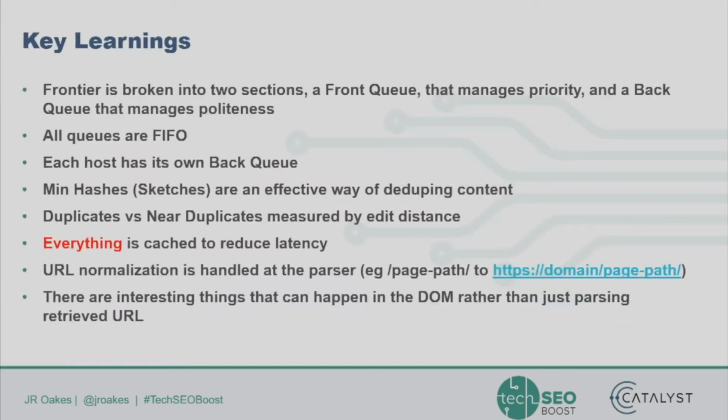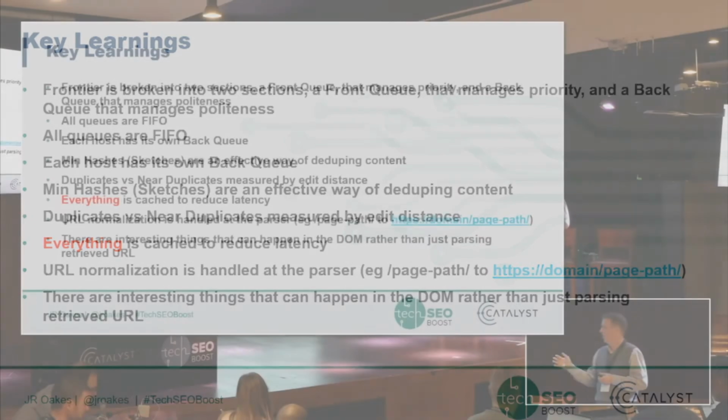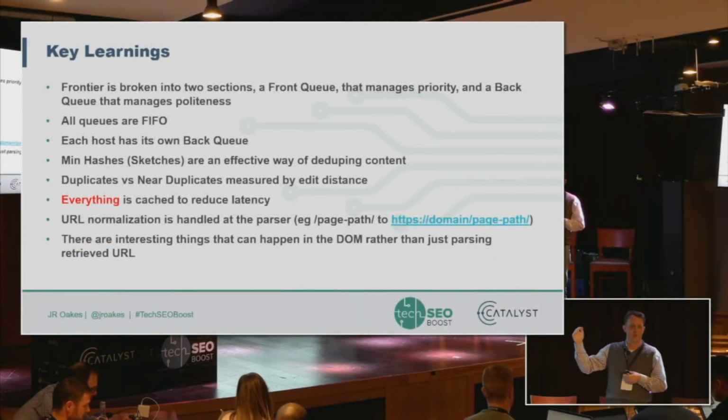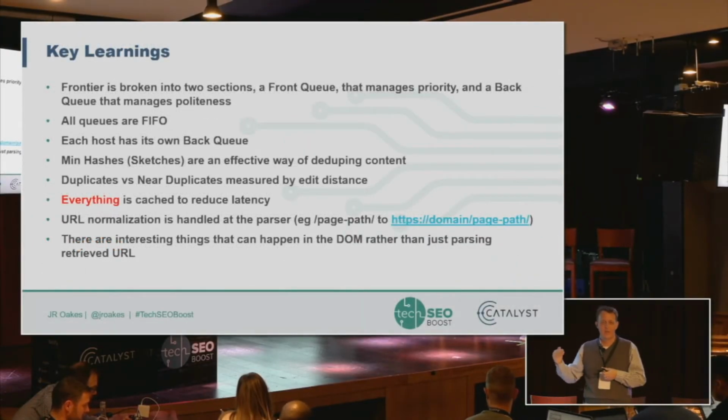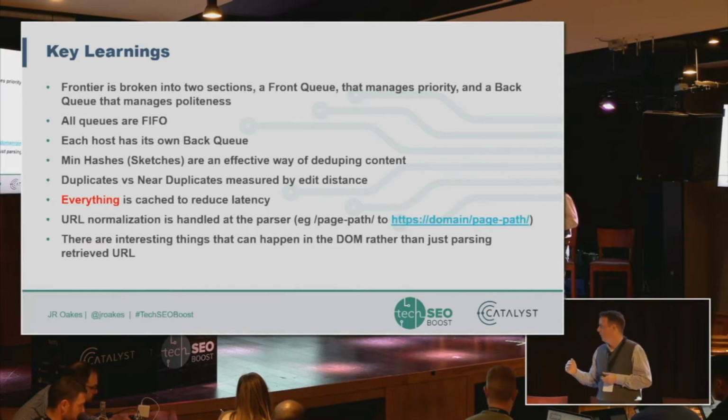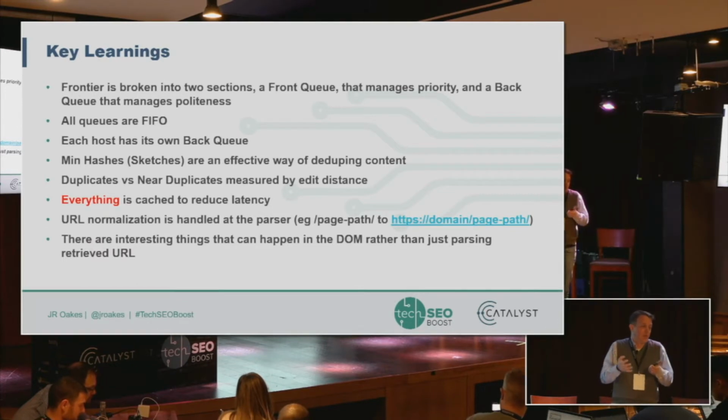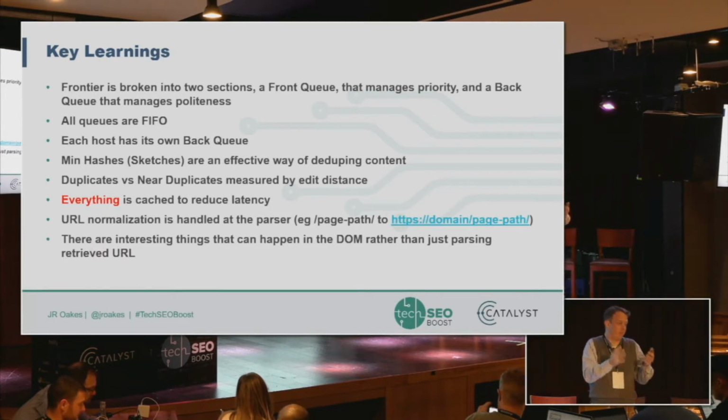So, key learnings from understanding the crawling landscape and a simple crawling pipeline: the frontier, which is the URLs that they want to crawl, is broken into two sections. A front queue manages the priority and quality of URLs that they want to crawl, and then the back queue essentially makes sure that they don't beat your site to death.